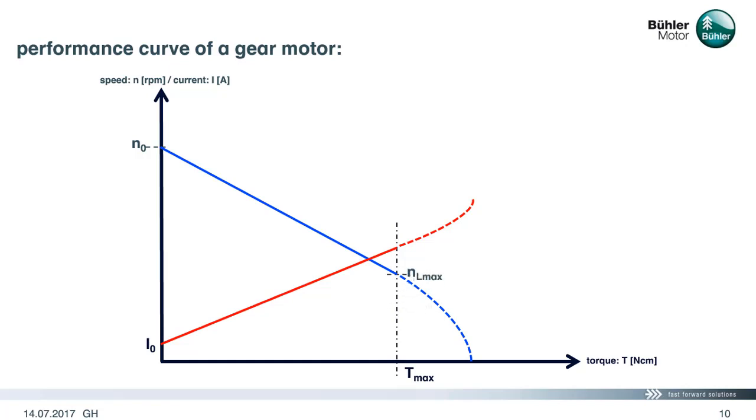Speed at maximum torque N sub L max and current at maximum torque I sub L max are shown here. An operating point for the gear motor T sub L must be within the linear area of the performance curve with the limit condition T sub L is less or equal Tmax.